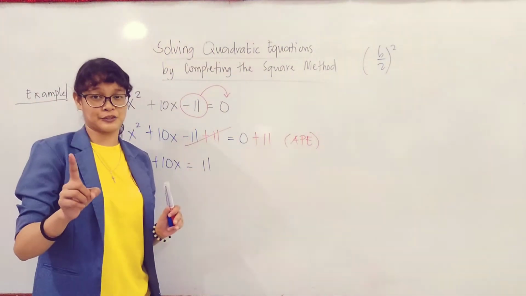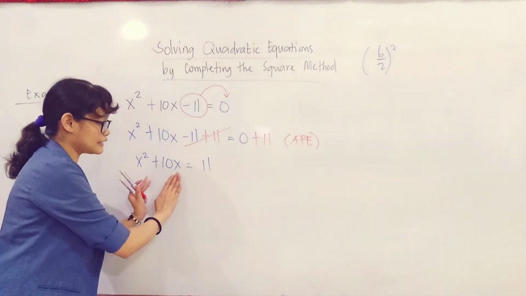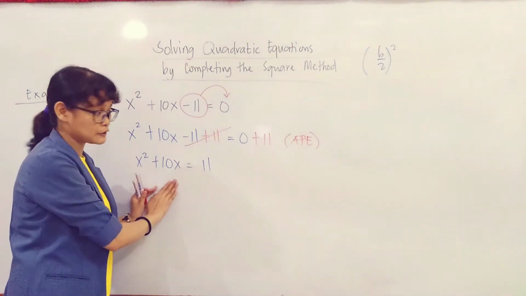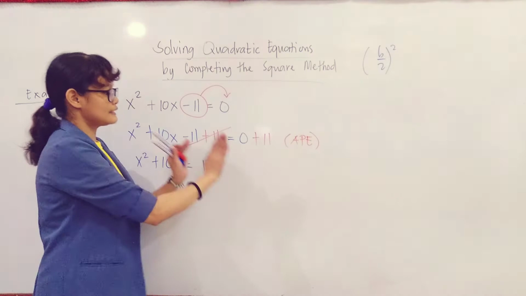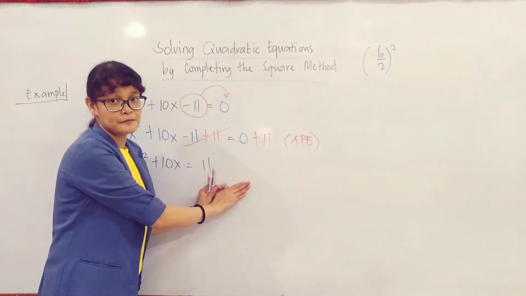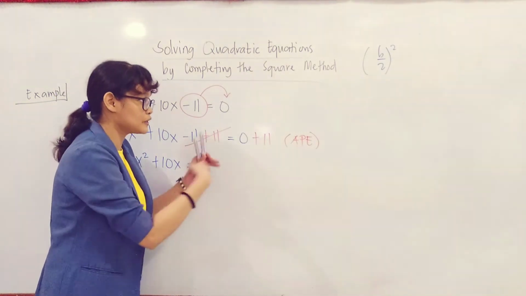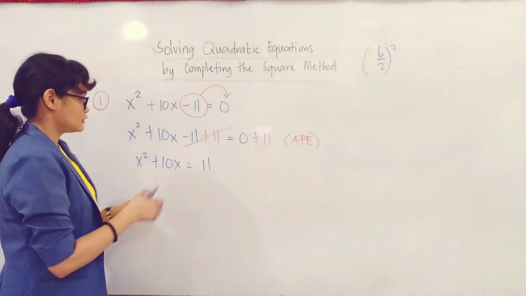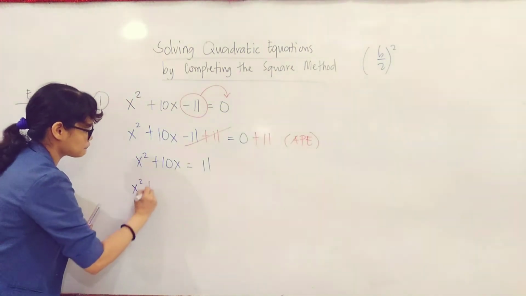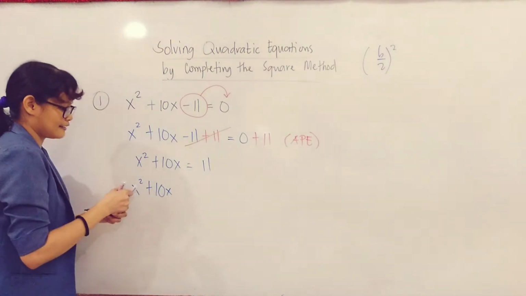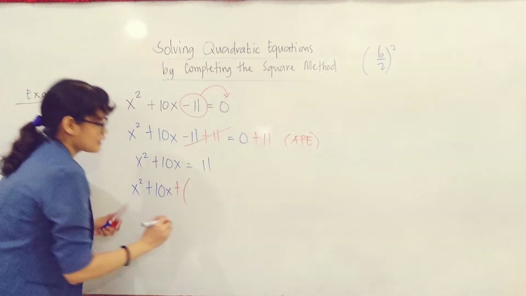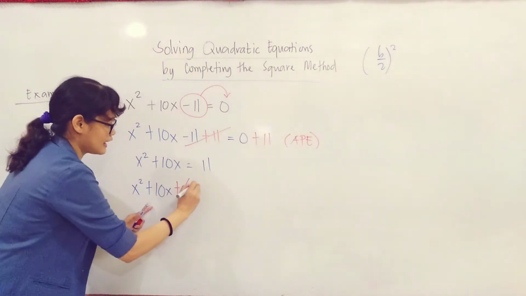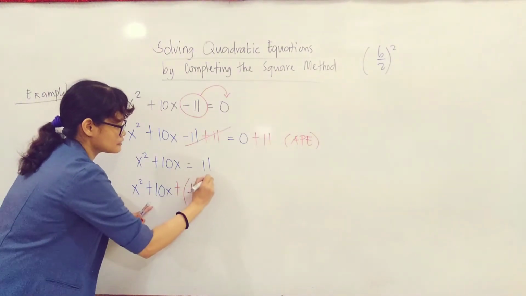Pero ito yung catch. Kung ano yung in-add mo dito sa left side of the equation, should also be added dito sa right side of the equation. So, tingnan natin kapag isinubstitute na natin doon sa formula. You'll have x squared plus 10x, plus half of 10, and half of 10, tapos square.